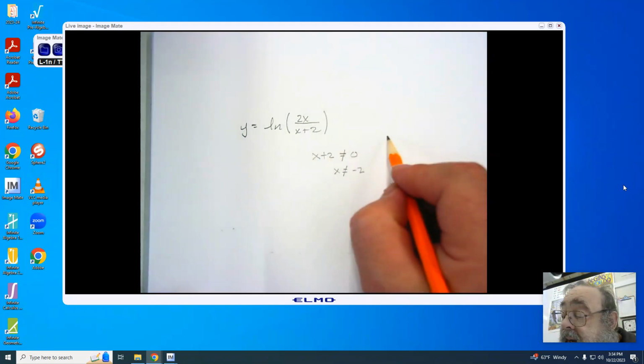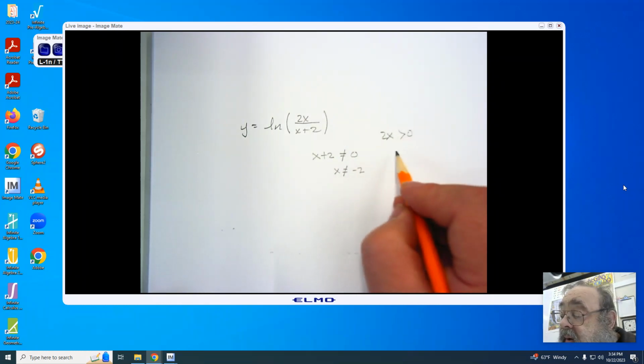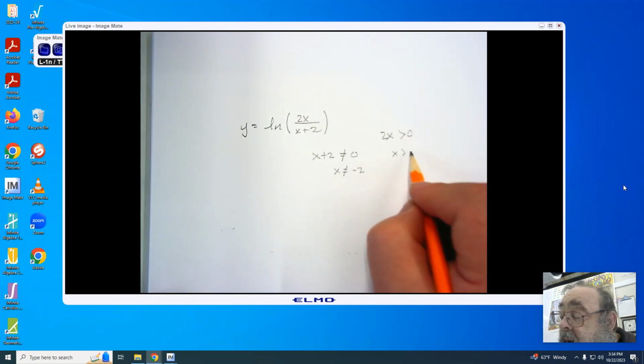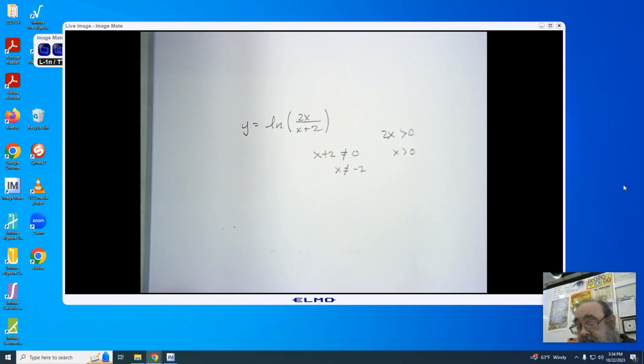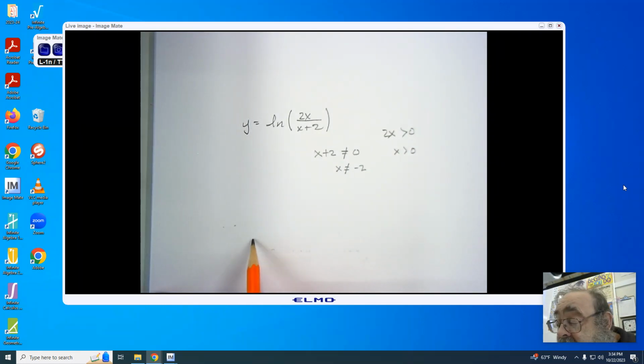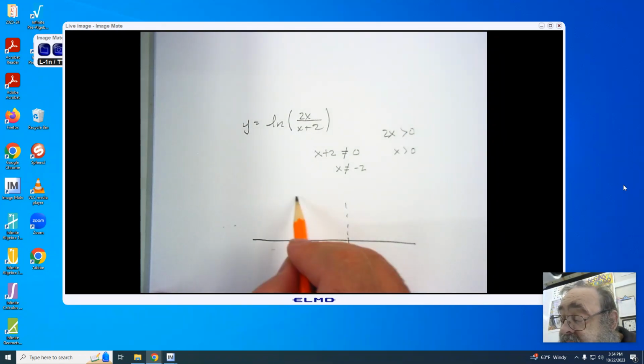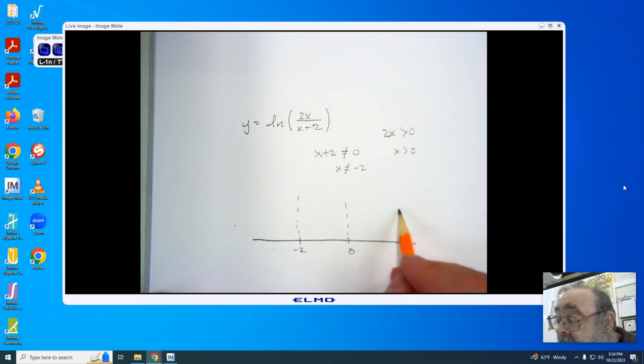But we're also looking at the 2x being greater than 0, and therefore we have x being greater than 0. We're now going to try and figure it out by making our sign chart, putting on our -2 and our 0. Or it's really not positive, it's neutral. Neither positive nor negative.